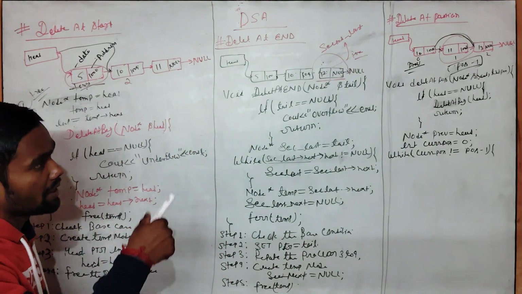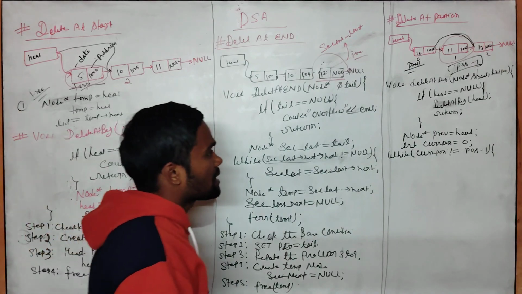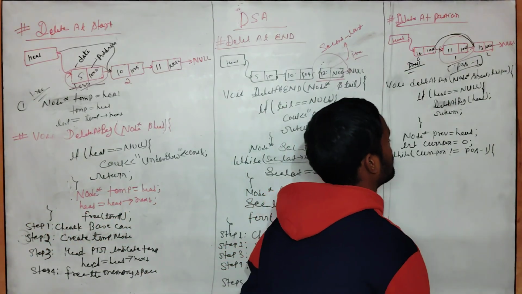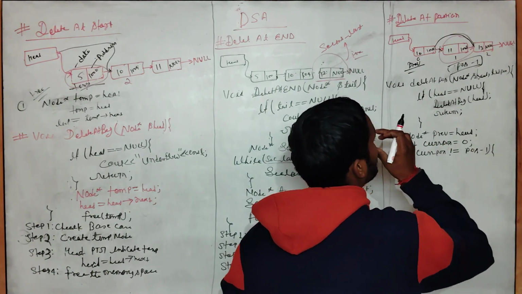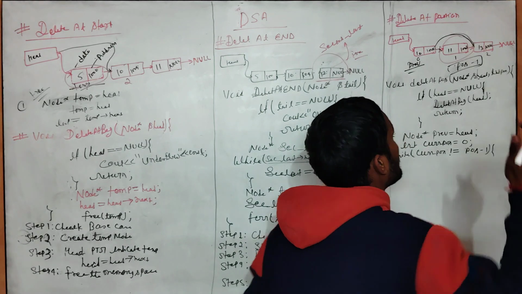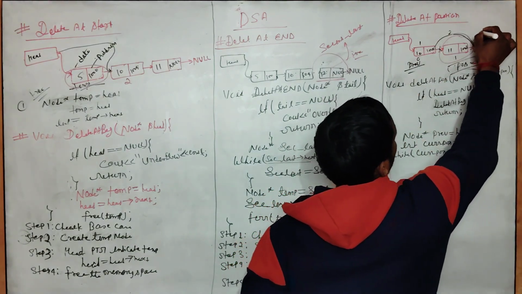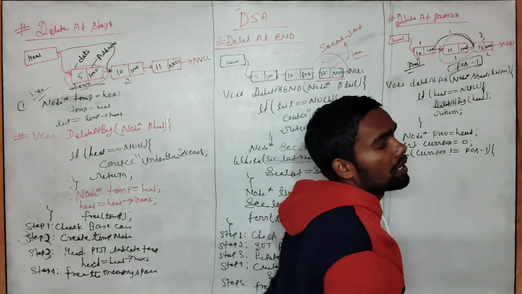You need to see this in the program. Suppose it starts with 0, here current position is 0. I want to delete according to the user. These nodes are 1, 2, 3, and I want to delete node number 2.